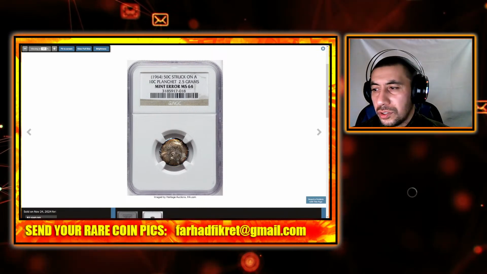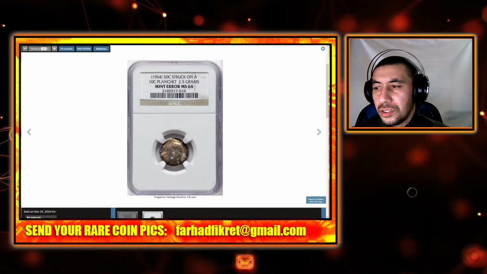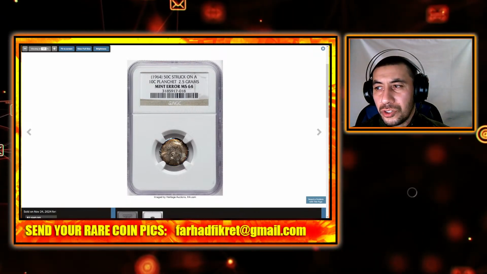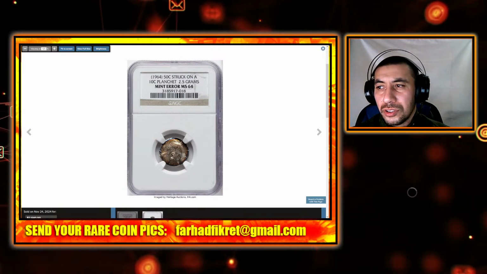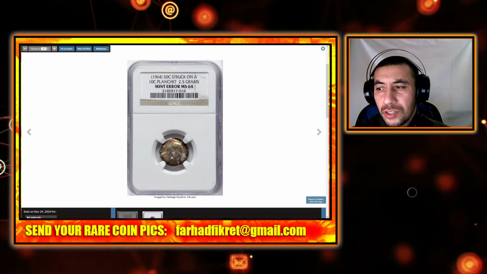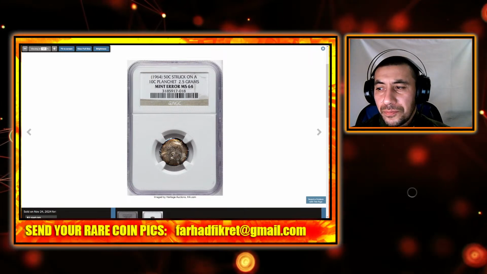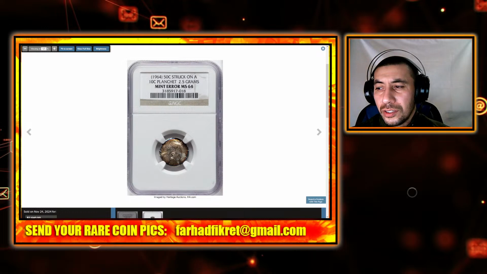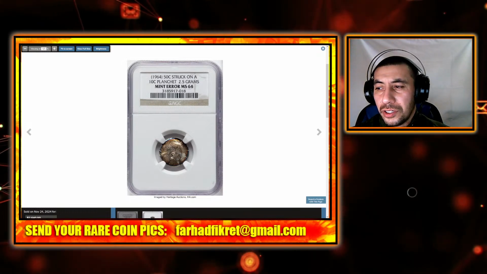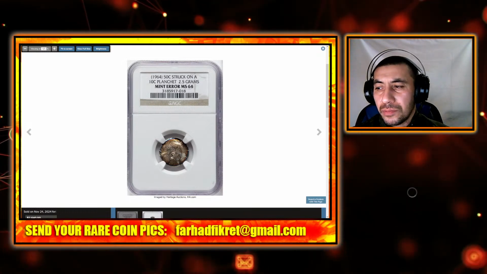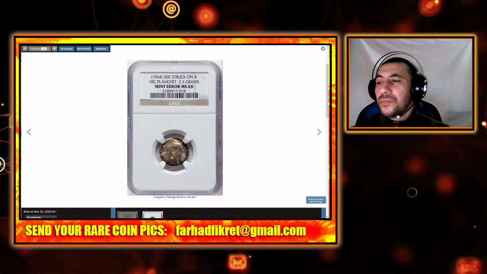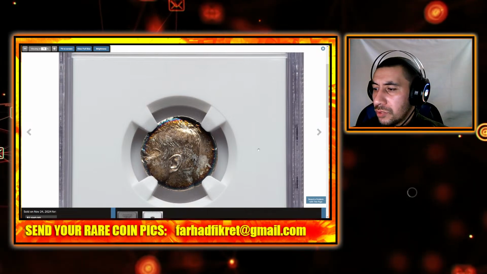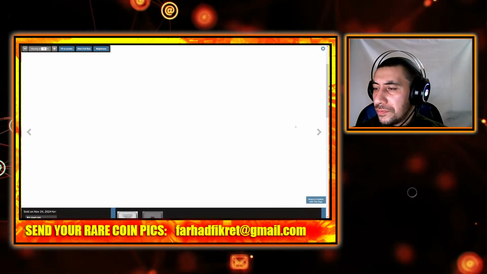Somehow it got its way in there, and it was struck on a dime planchet instead, which is much smaller in size. Therefore, some part of Kennedy's head, especially its facial area, is missing, including the obverse lettering and reverse lettering as well, including the date.